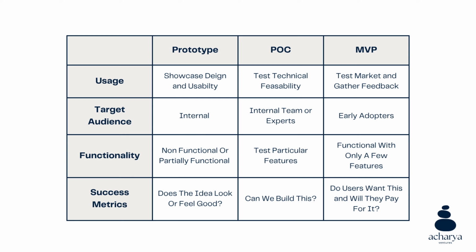To reduce those challenges and test those hypotheses, we build a POC to understand whether it's technically feasible. And for an MVP, the case is clear: whether the users will use the product, whether it solves their problem, and if you can test some kind of willingness to pay from them, that'll be a great success metric at this stage.